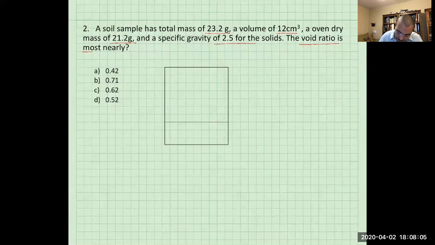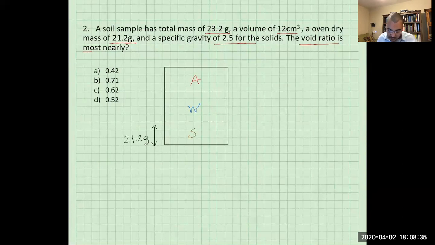So here we'll have solids, water, and air. And what we are given here is the oven dry mass is 21.2 grams.